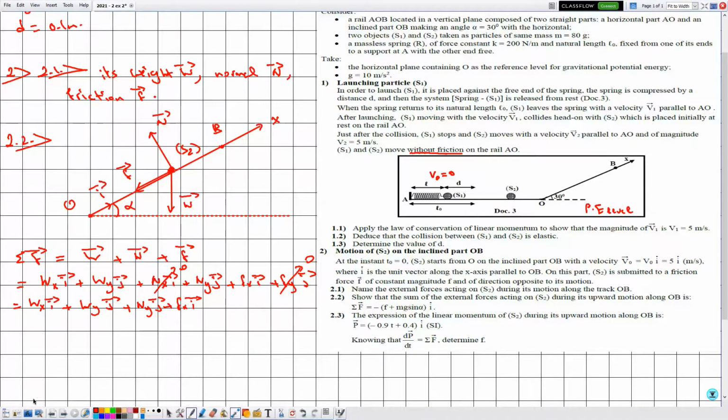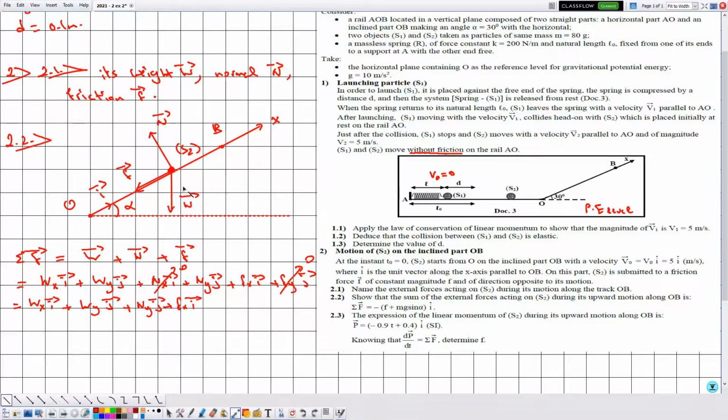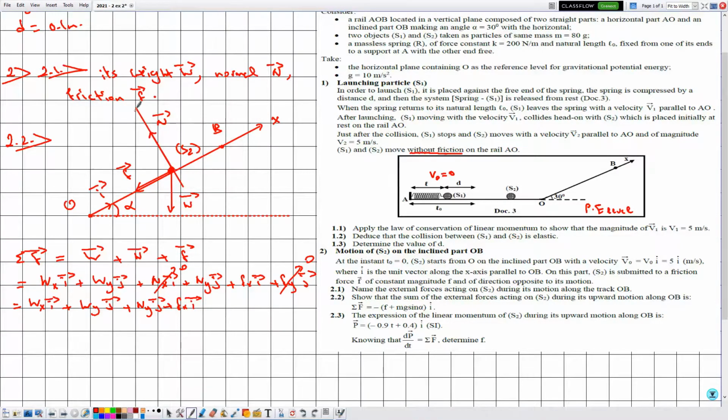Now let me draw the y-axis like this. Now we know that because the motion of S2 only occurs along the x-axis, we can say that wy is equal to minus ny, and the reason is given by no motion along the y-axis.